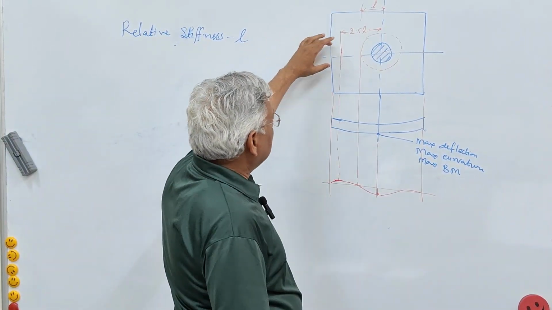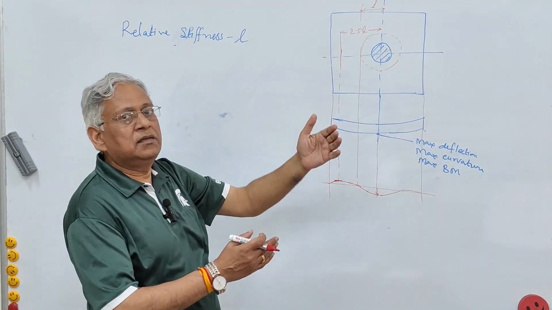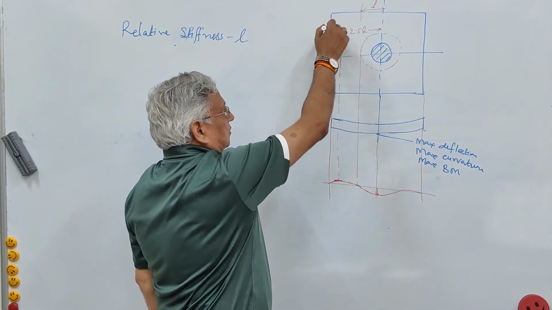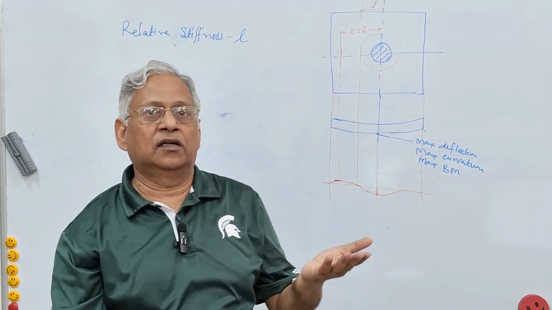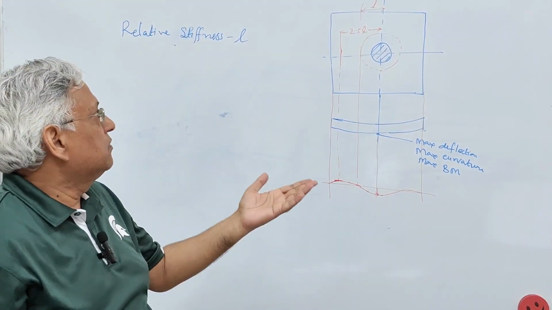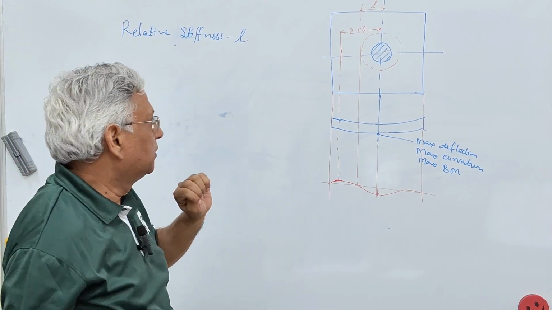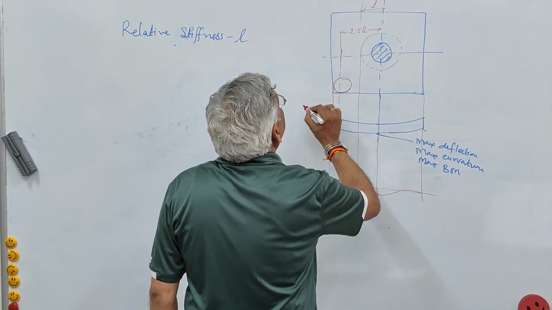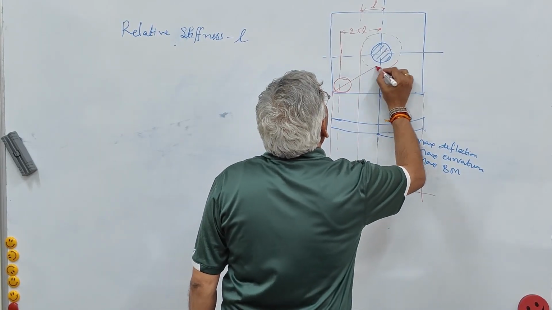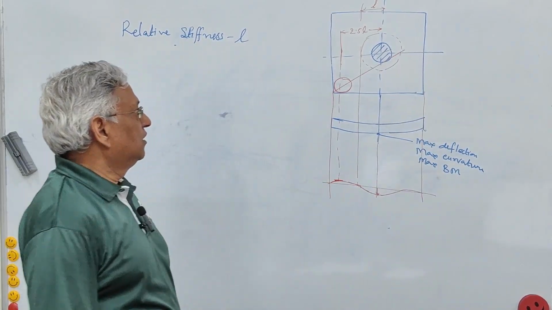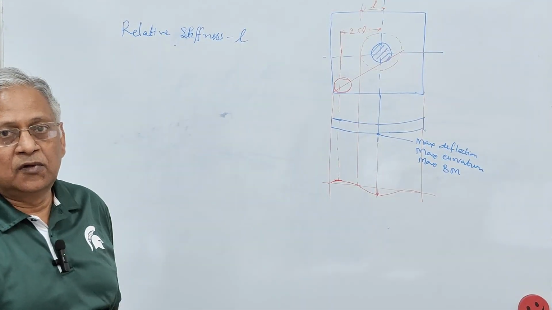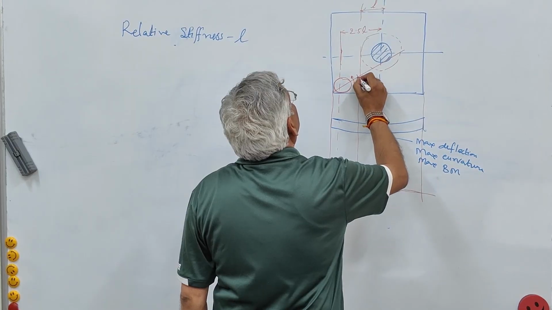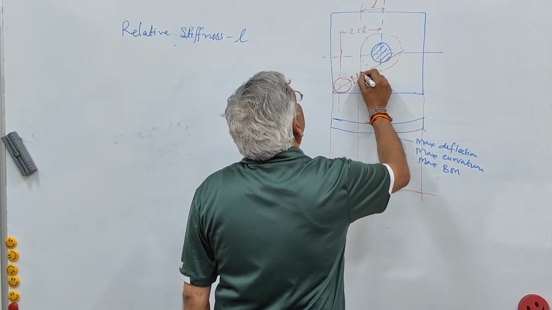When you apply a load at the edge, because there is no support here, it will provide a bending in this direction. So there will be tensile stress at the bottom, and compressive stress at the top. When you apply a load here at the corner, the stress will be along the diagonal of the corner of the slab, and this will be tensile stress along this.